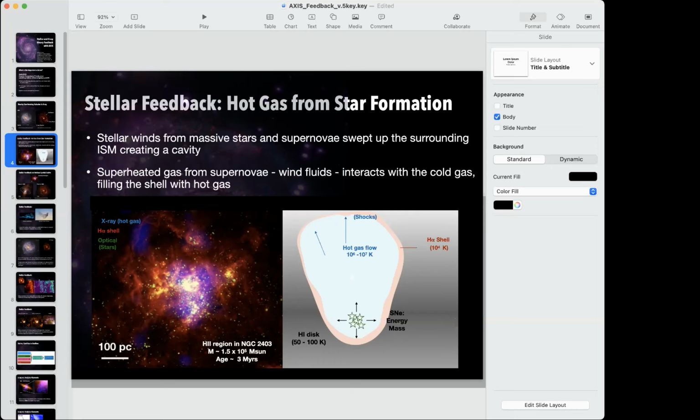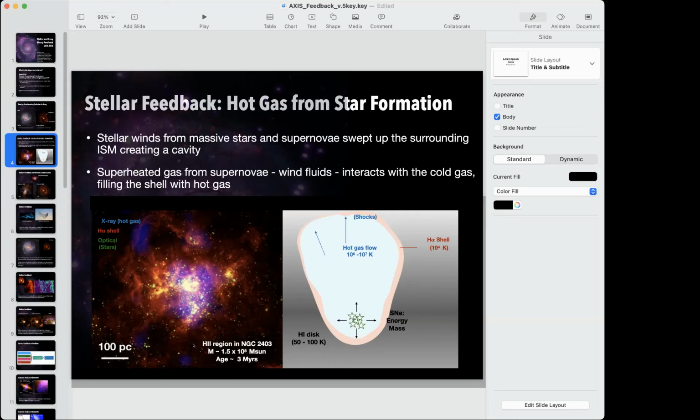So stellar winds and supernovae deposit energy into the surroundings, creating a shell, and superheated gas from this supernova interacted with the cold gas, filling the cavity with the hot gas. If this bubble has enough energy, it may expand and then break out and create a hot gas outflow.